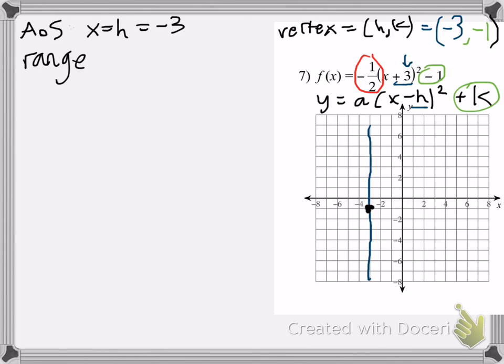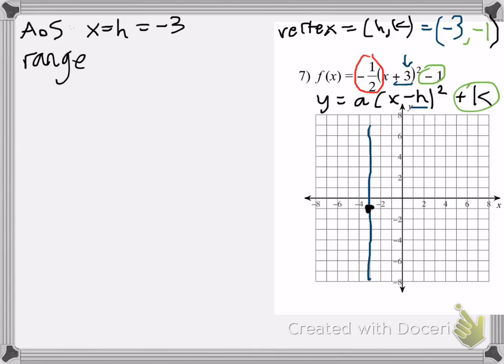This is when x is negative 3 and y is negative 1. And I know my parabola is either going to open up from there or down from there. So if a is positive, I'll have some parabola that opens up like this, right? And if a is negative, I'll have some parabola that opens down like this.